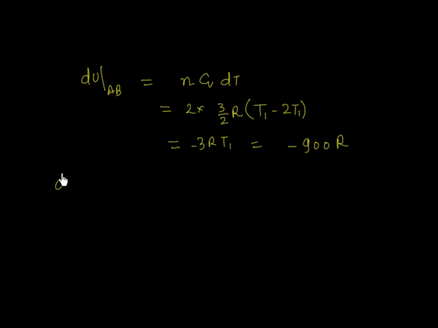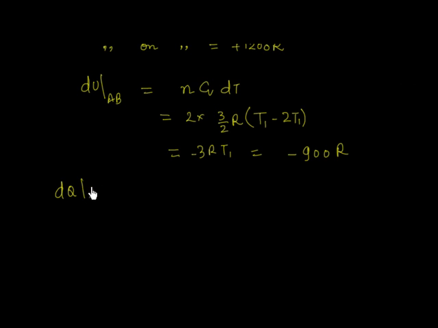So what is dQ in process AB? I can calculate dQ in process AB by simply writing dQ equals dU plus dW, and dW we have already calculated. This is minus 1200 R. This is work done on the gas, and minus is on the gas, so in this equation we have to write the work done by the gas.